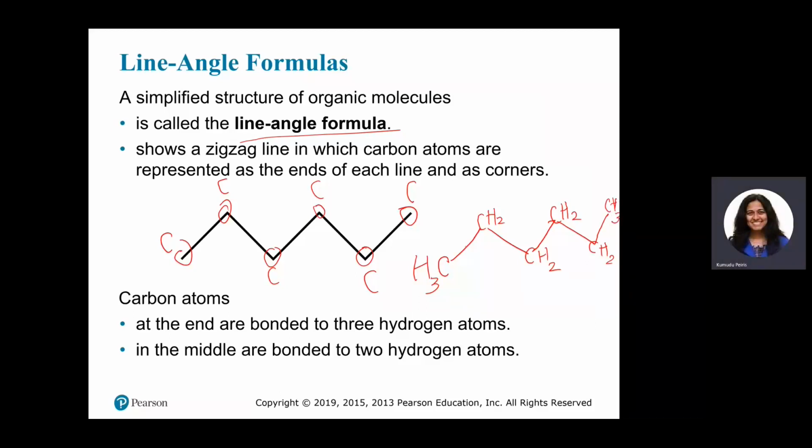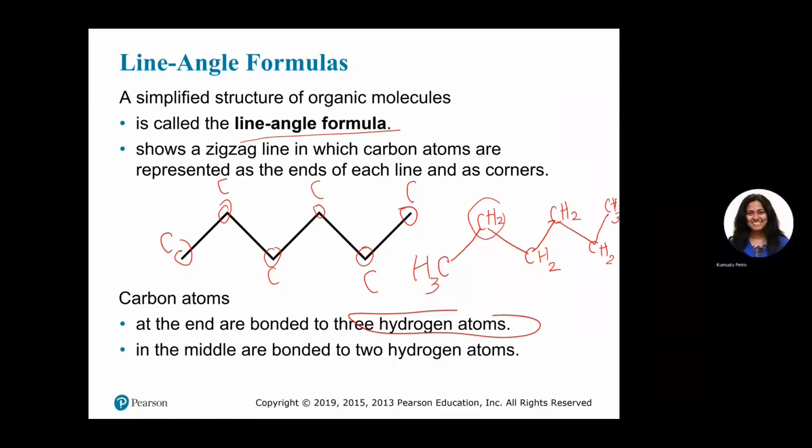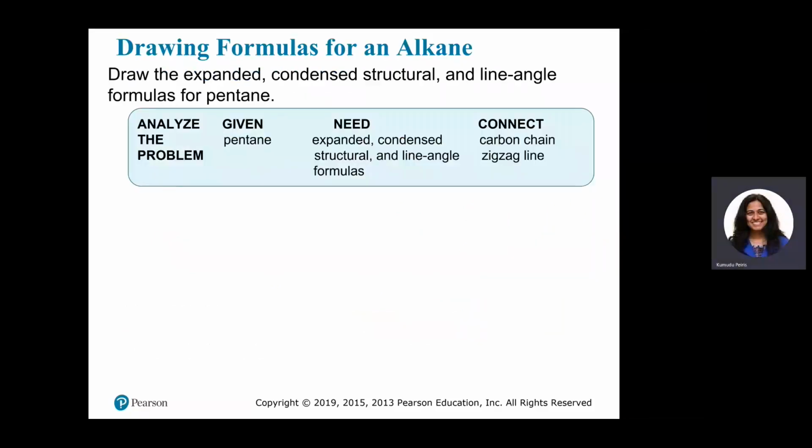So the ends are connected to three hydrogen atoms, and the corners, the connecting parts, are connected with CH2 groups. Next, you will learn how to draw a formula for an alkane.